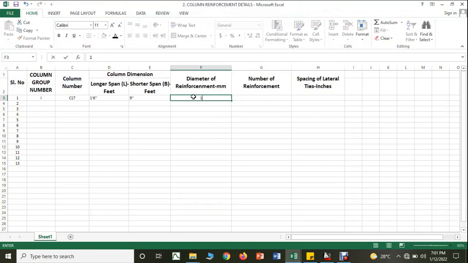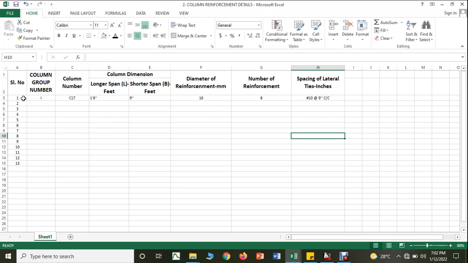So the diameter is 16 mm, the number is 8, and for the ties I am going to use 10 mm dia at 9 inch center to center. That is group number 1.